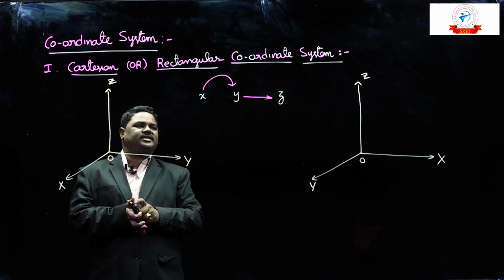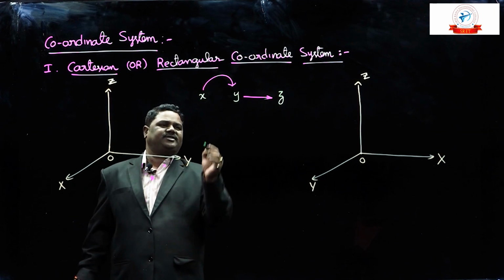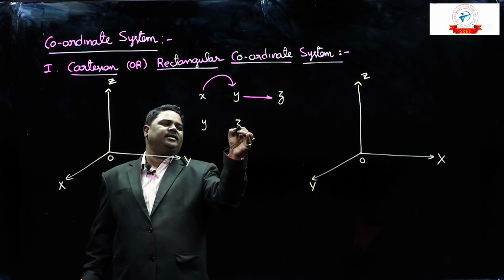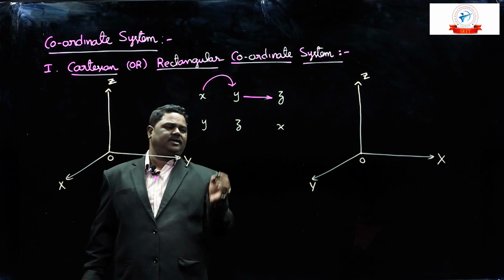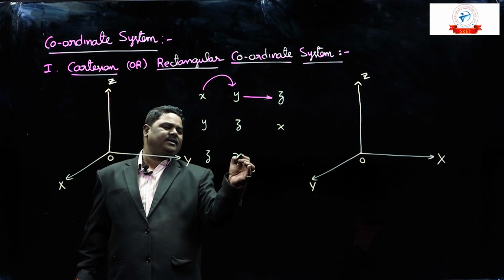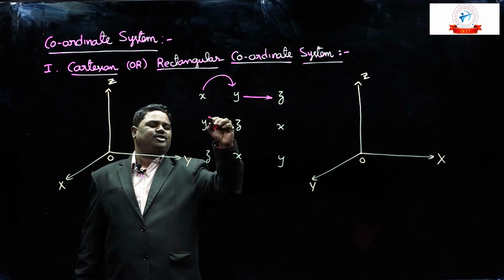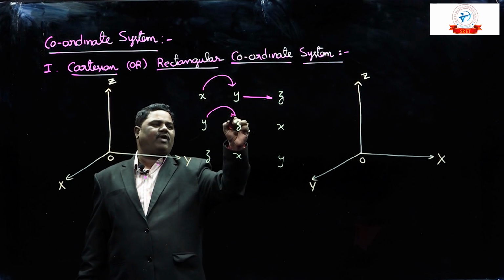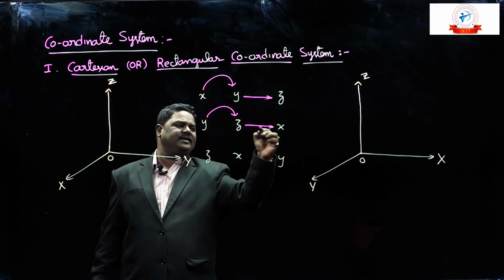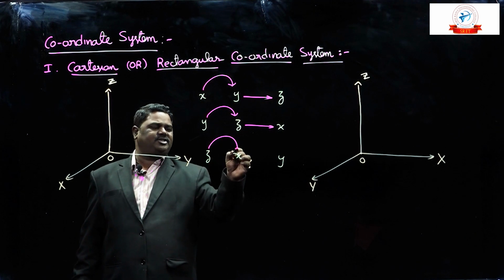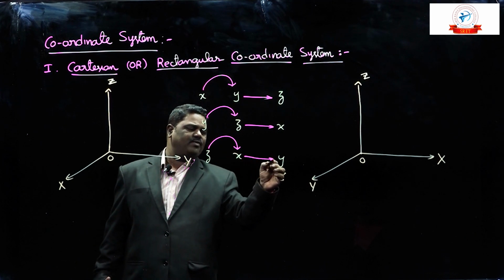Or you may consider a rotation of the axes y, z, x or z, x, y. In this case, when we apply the right hand thumb rule, y to z rotation should indicate the x axis, or z to x rotation should indicate the y axis.